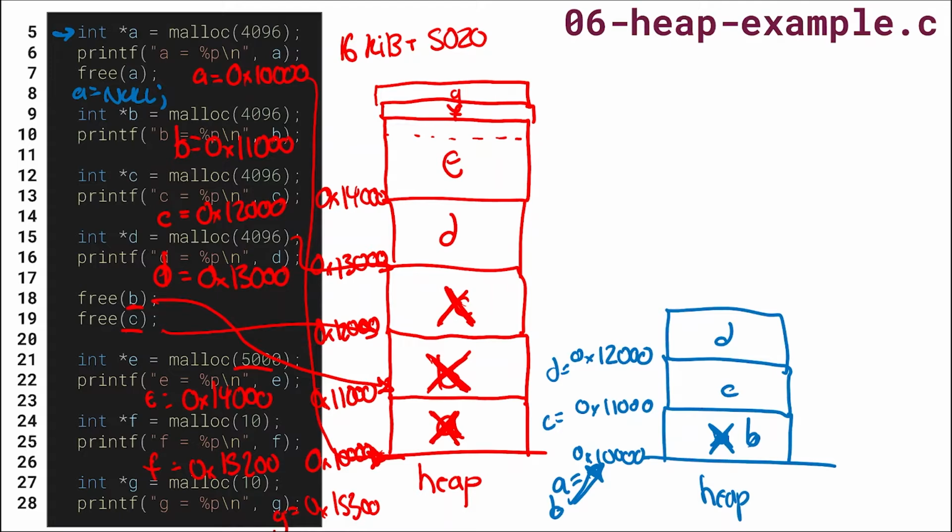All right, and now we are on line 18. We free memory address B, and we free memory address C. So these are now holes in our heap, and we can do whatever we want with those holes in our heap.